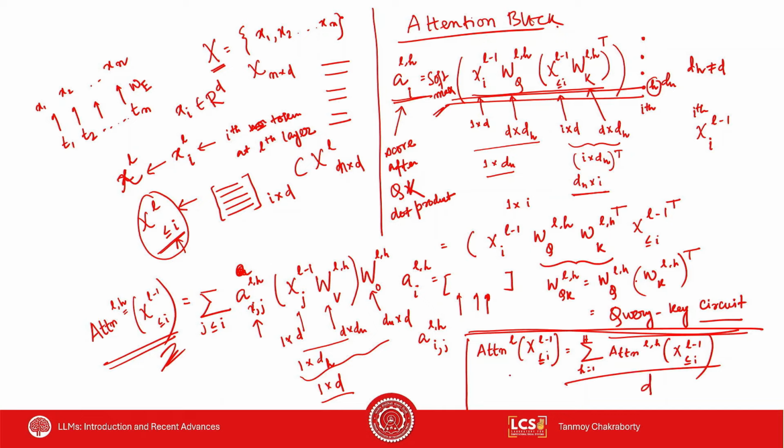Now this attention vector will be added to the residual stream, and in the residual stream there is already this vector x_i^(L-1) which is coming in, right? So through this residual connection, this plus x_i^(L-1), these two things will be added.